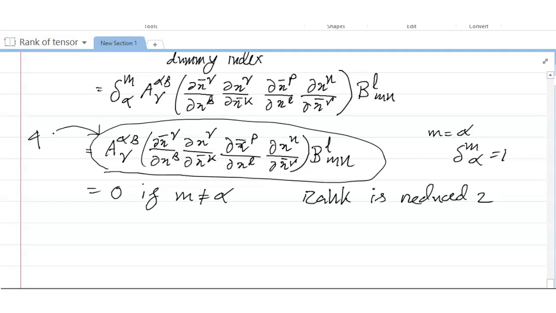So friends, I hope this is clear, and now I will discuss invariants.